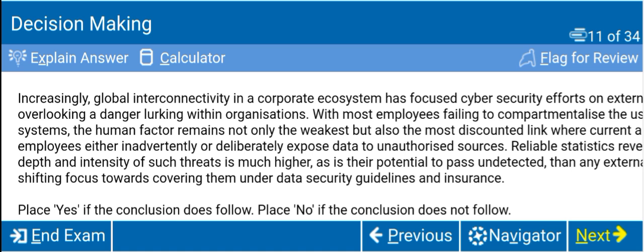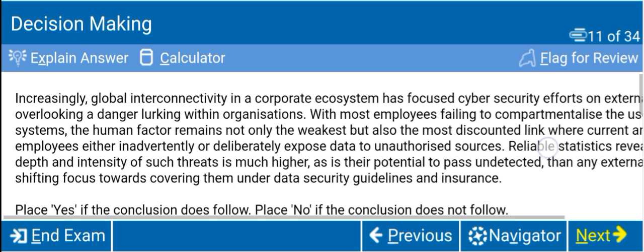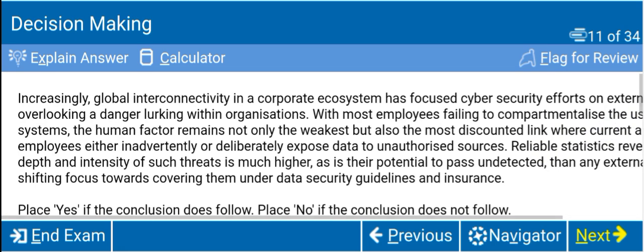The human factor remains not only the weakest but also the most discounted link, where current and former employees either inadvertently or deliberately expose data to unauthorized sources.